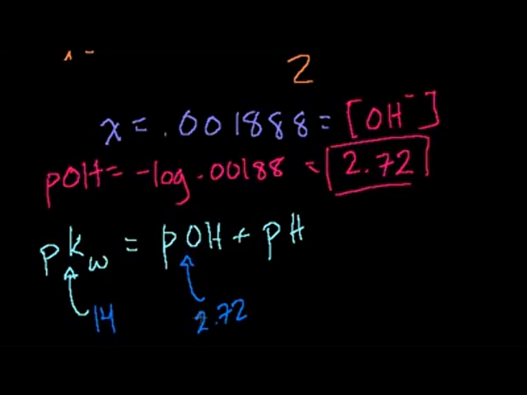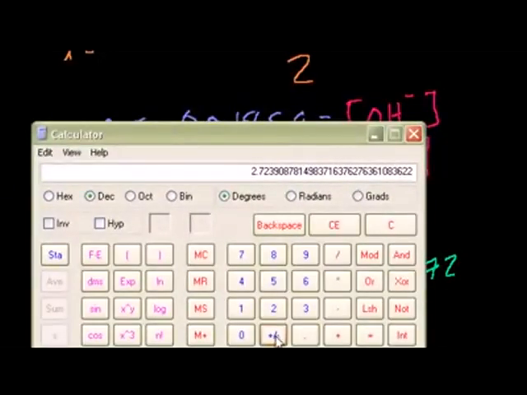And if this is a lower pOH, that means your pH is higher. I don't want to confuse you too much. So what is your pH going to be? Your pH is going to be equal to 14 minus 2.72. So let me do the minus plus 14 is equal to 11 point, let's just say 11.3.